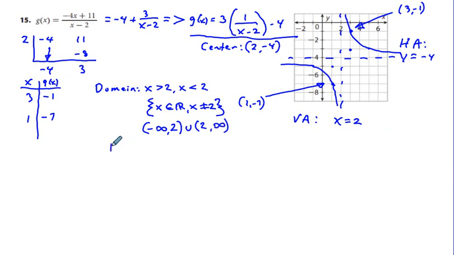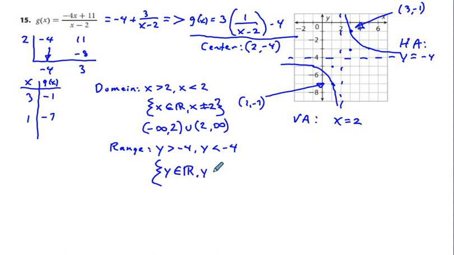And range is going to be the same type of notation. Our critical value for range is y equals -4. So y is going to be greater than -4, and also y is going to be less than -4. That is our range. And in set notation, we have y is an element of all real numbers.